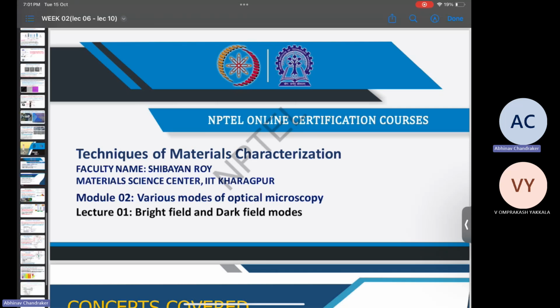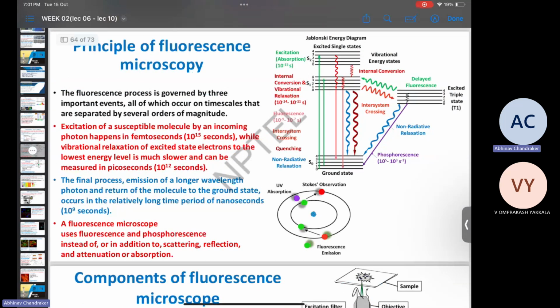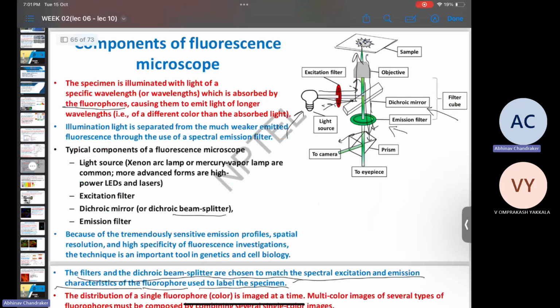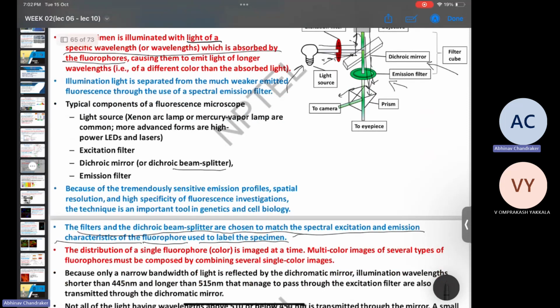We were looking at the setup of the apparatus, and here it's written that light of a specific wavelength gets absorbed by the fluorophores, and this causes them to emit light of longer wavelengths, which is then seen in the image.